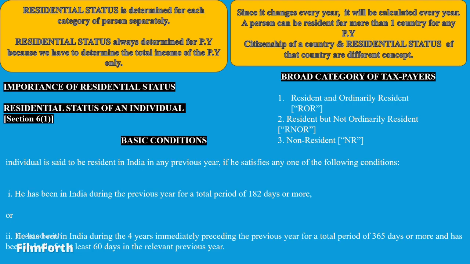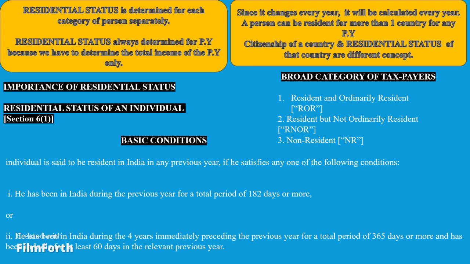Residential status on the basis of number of days of stay in India. An individual is said to be resident in India in any previous year, if he satisfies any one of the following basic conditions. He has been in India during the previous year for a total period of 182 days or more.